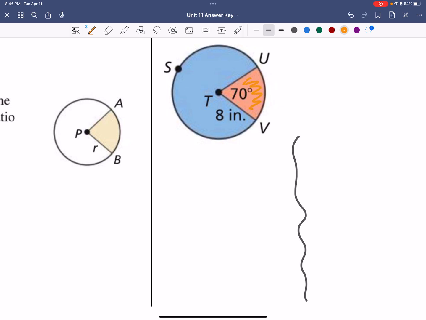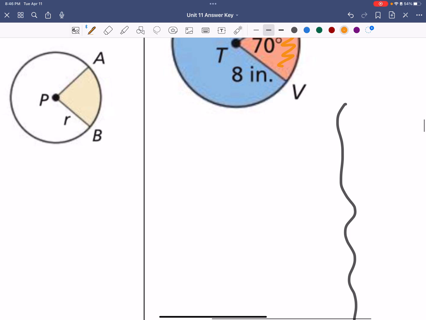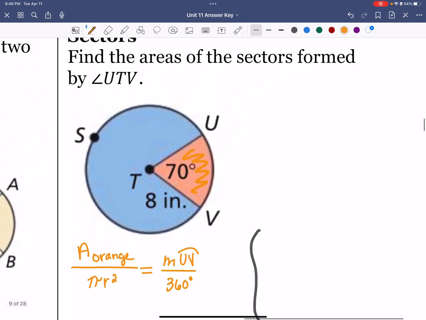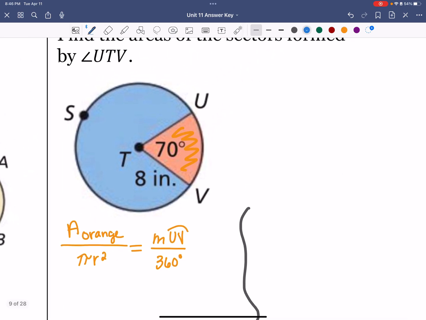So I have this lovely orange that I'm going to use. We're going to say the area of the orange over pi r squared is going to equal the measure of UV over 360 degrees. I'm going to go ahead and name some stuff up here.